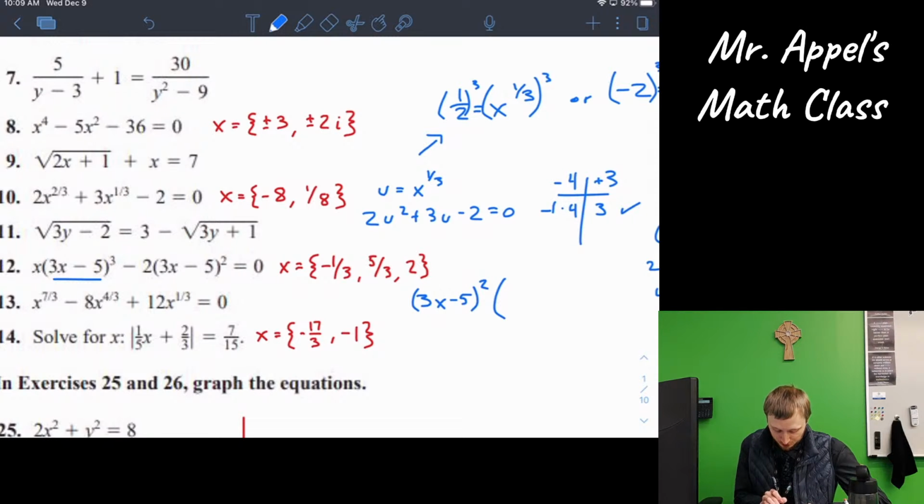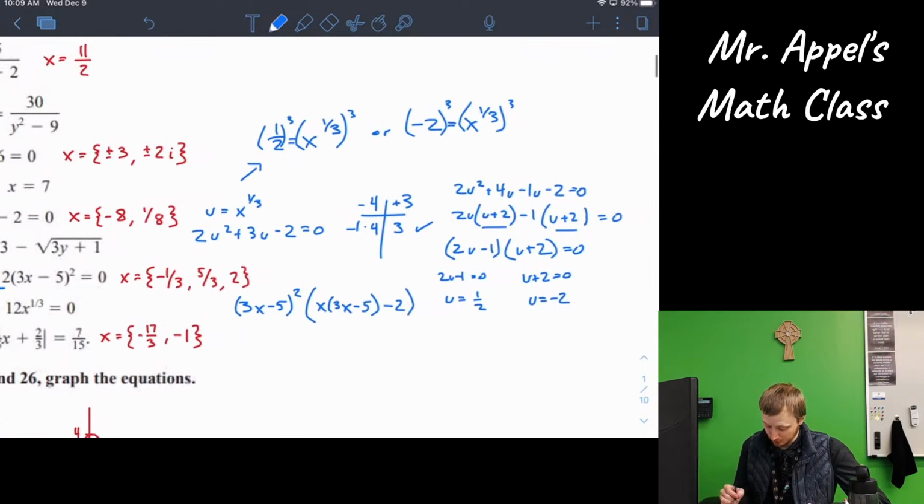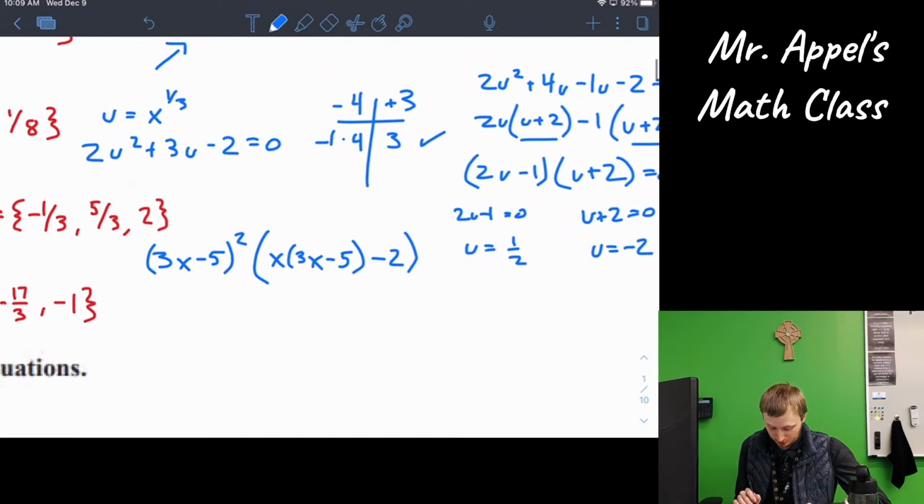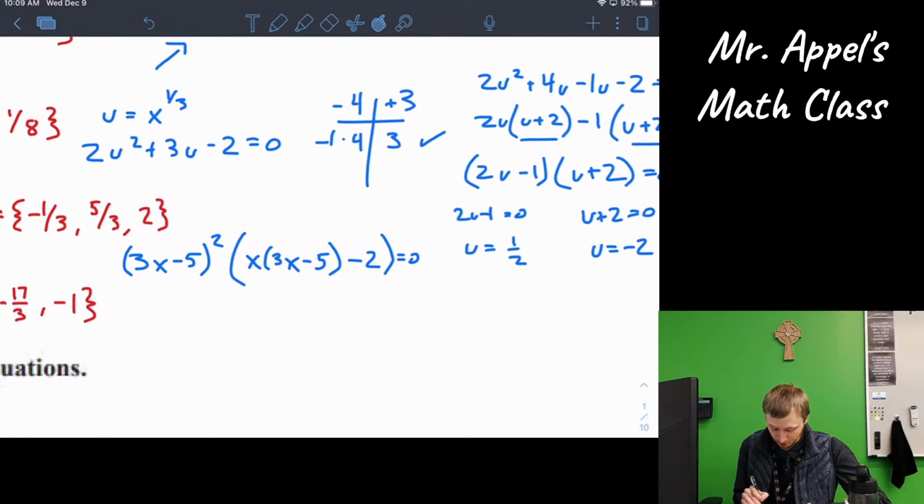So what would be left was an x times a 3x minus 5. And what would be left here is just the minus 2. Right? So that's equal to 0.